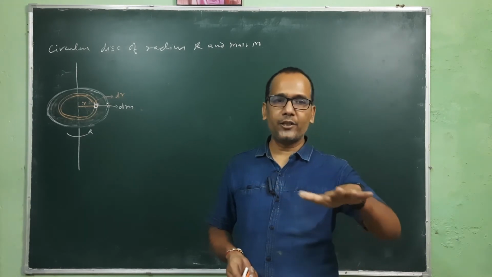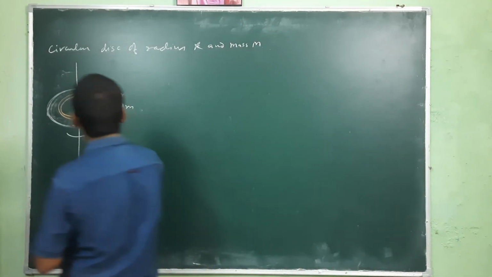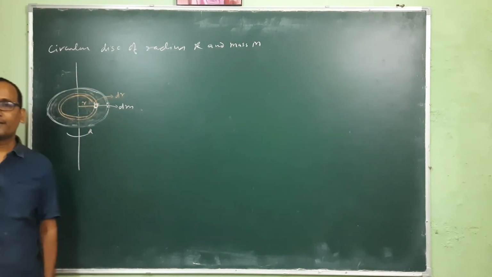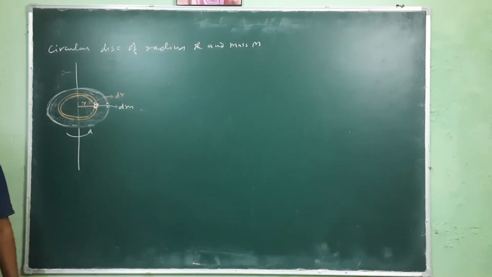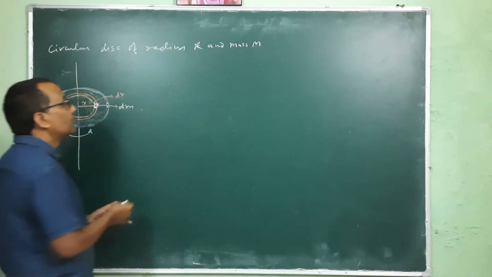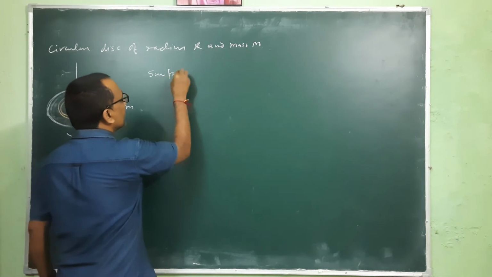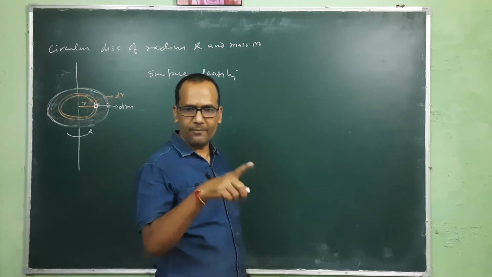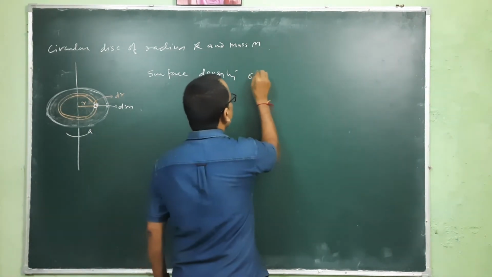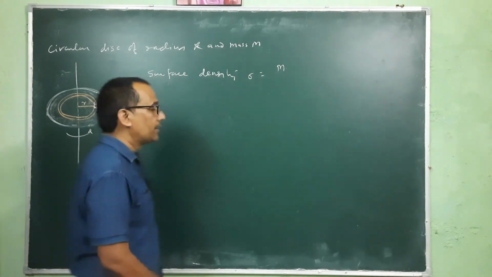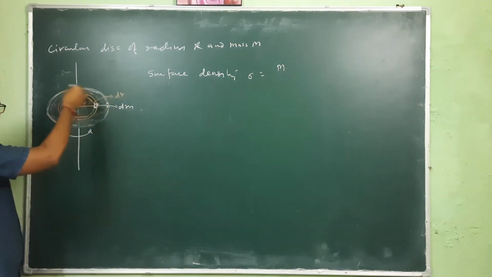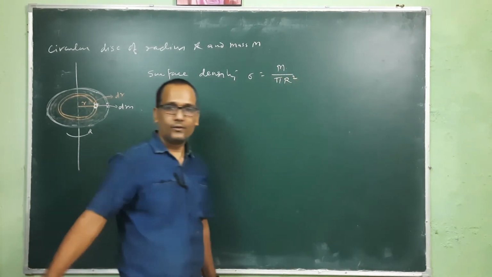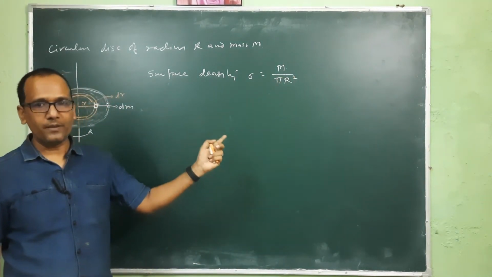Here the mass is distributed over a surface, so we take the areal density, mass upon area, which we call sigma. So sigma is equal to the total mass M over the area of the circular disc, pi R square.